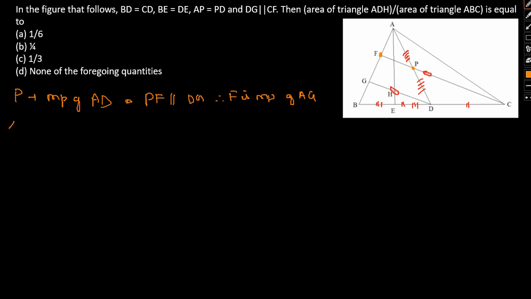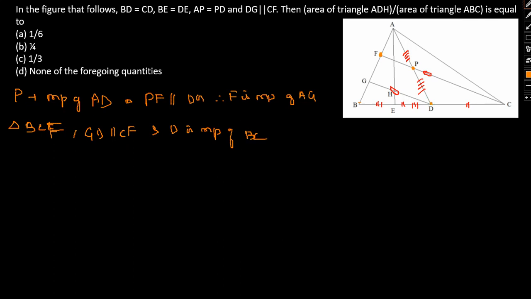Again, in triangle BCF, what we have is GD is parallel to CF, and also D is the midpoint of BC.